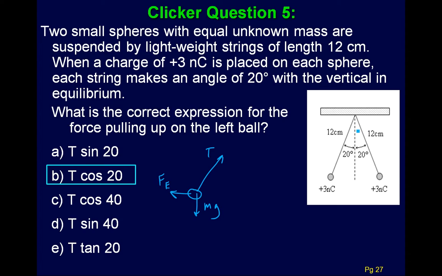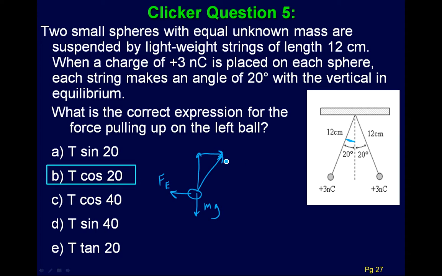If we look in our picture here, the 20-degree angle is right here. There are different ways to think about it, and in fact, I'm going to erase this so it's a little clearer what I'm trying to get at. What we want to do is break the tension into its 2 components.